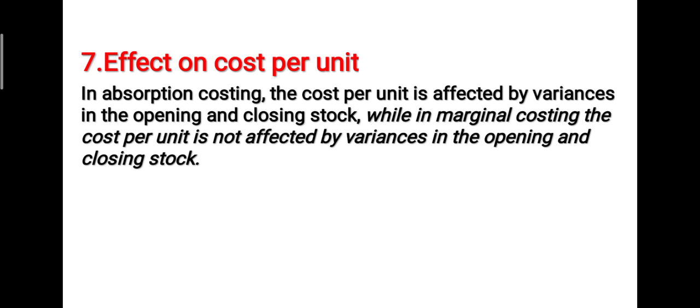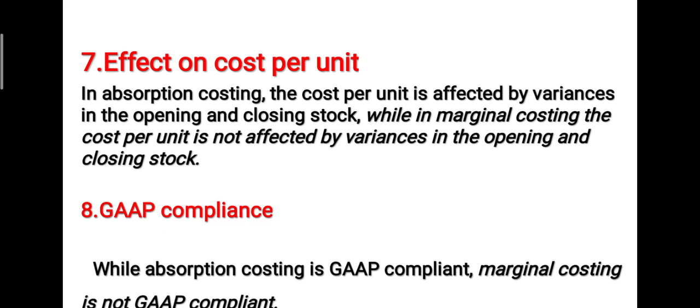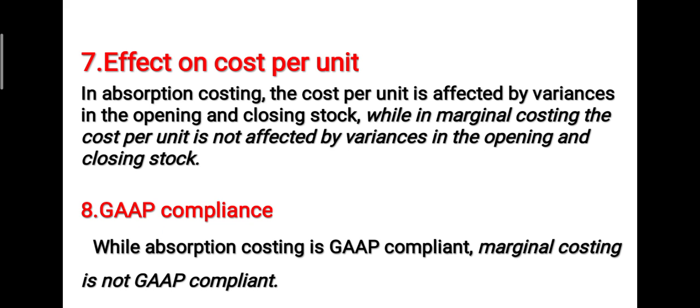On the other hand, in marginal costing, the cost per unit is not affected by variances in the opening and closing stock. And another differentiation is GAAP compliance, that is, generally accepted accounting principles.